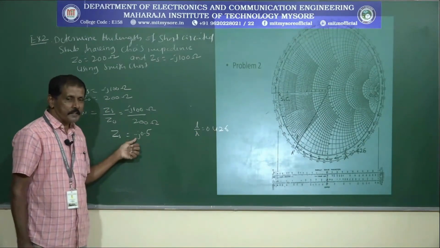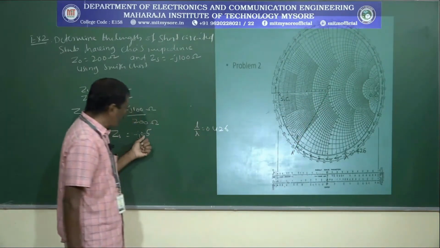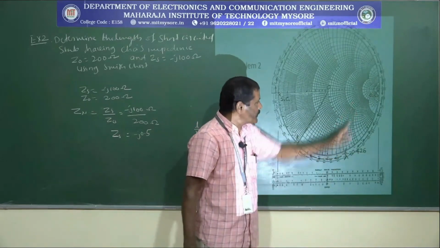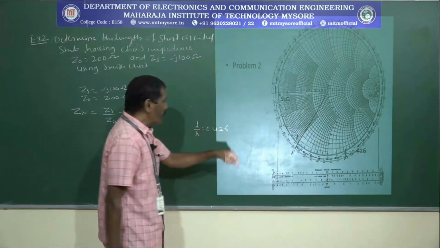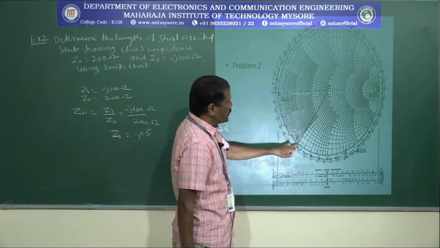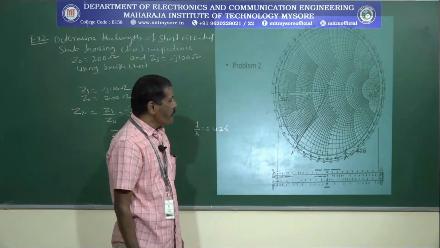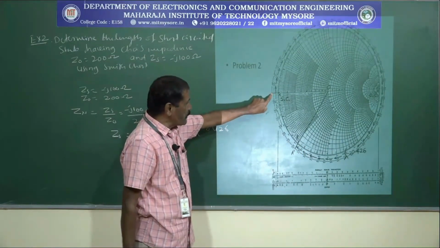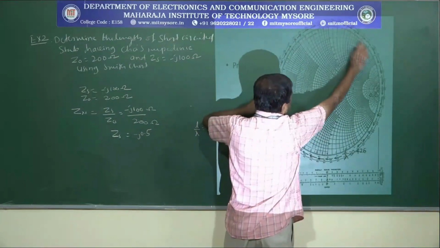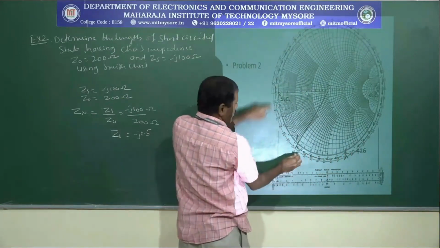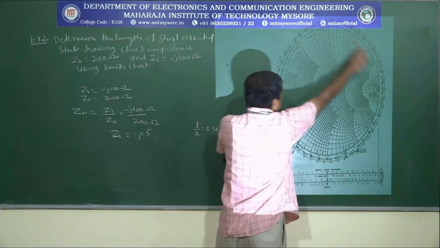Here the resistive component is 0, only the reactive component is present, and for the reactive component 0.5 is there. Whatever these lines are, see where that 0.5 belongs, point it and join from 0 to A. Now from A you have to extend it to A dash, then start from this particular point, move along this arrow mark and come up to this particular point.